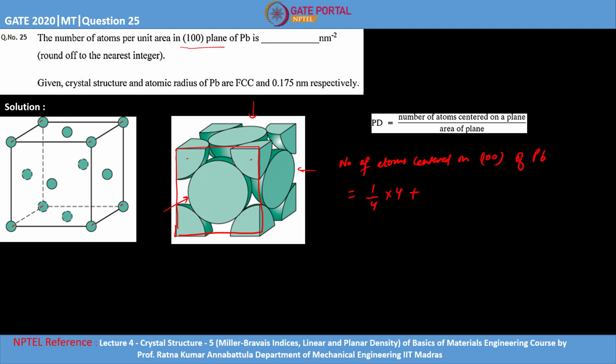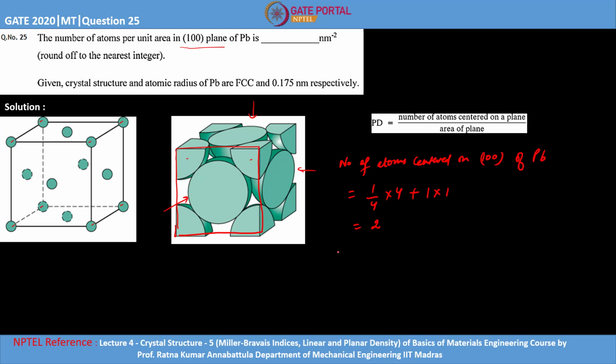It's totally covering, like the entire atom comes under this particular plane. So one atom into the entire area, so 1 into 1. If you solve this, we get 1/4 into 4 plus 1 into 1, which will give you 2. So the number of atoms centered on 100 plane of lead is 2.